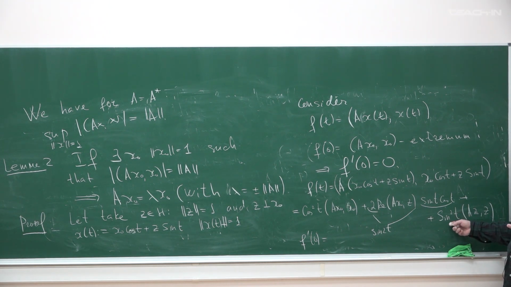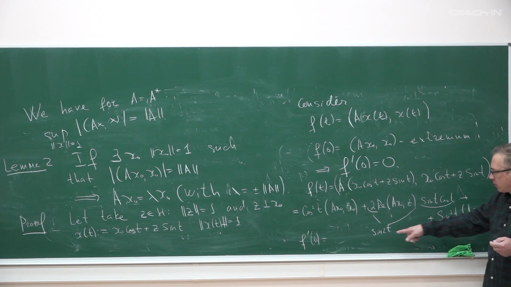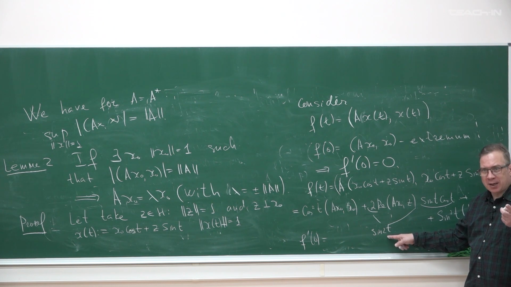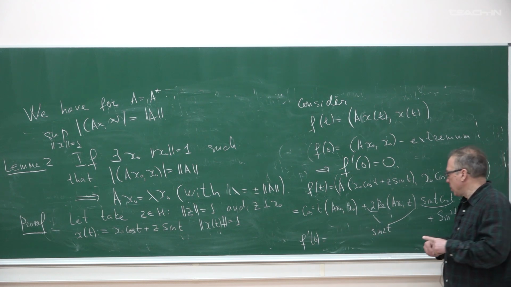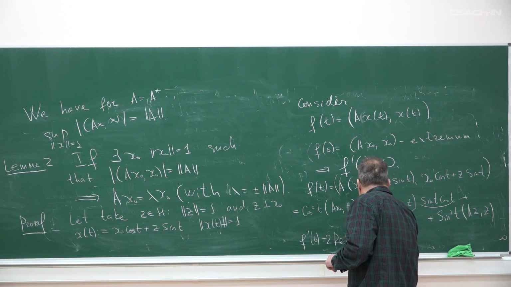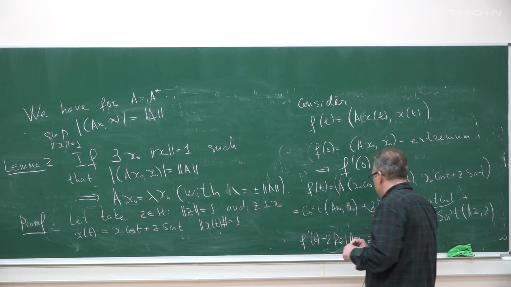And again, sine at 0 is 0. But the derivative of sine 2t is 2 cosine 2t. And cosine at 0 is 1. So it is just equal to the real part of this sesquilinear form.